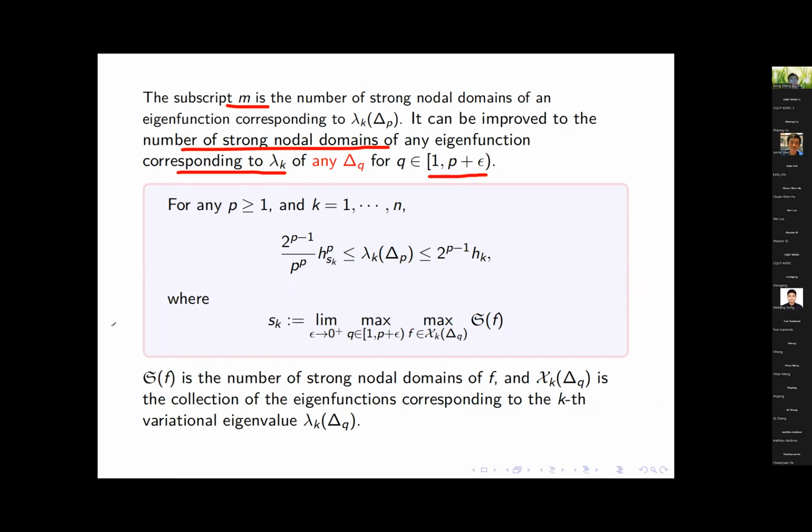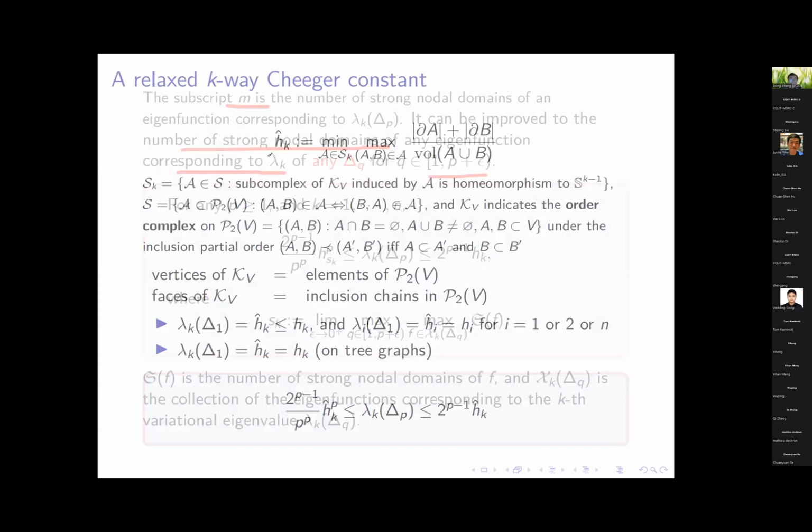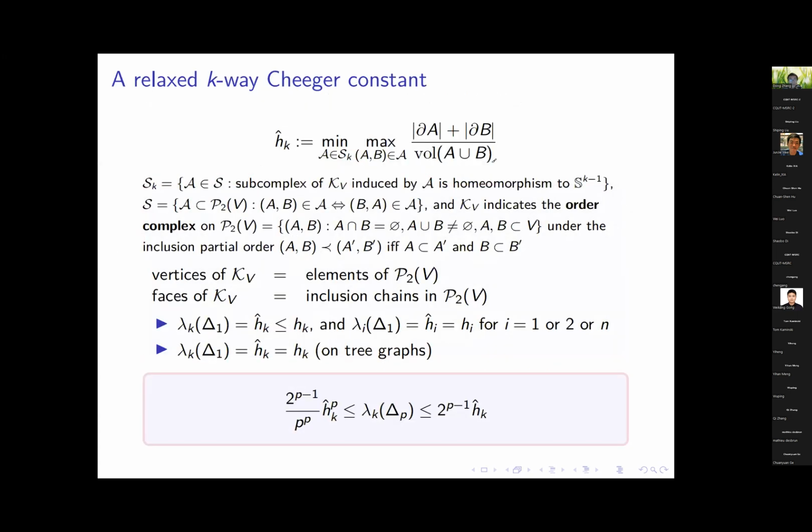Another application is the relaxed k-way Cheeger constant. This definition is a little complicated. The definition of h_k hat is a relaxation of the k-way Cheeger constant, and the definition relates to the order complex of the set pairs and the inclusion partial order.